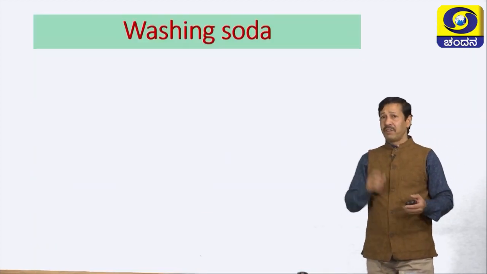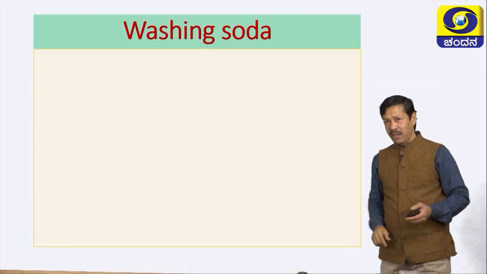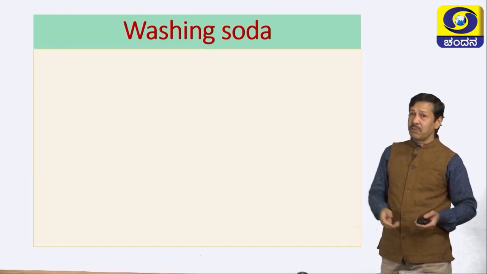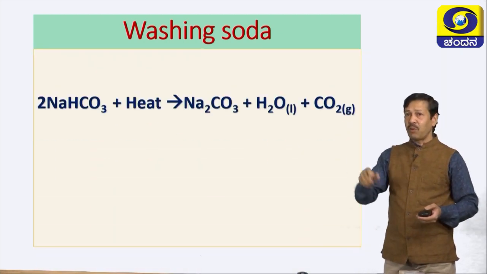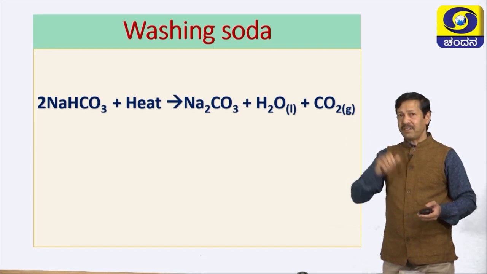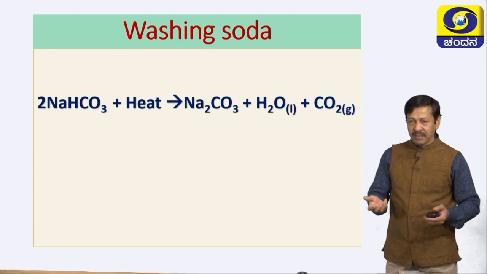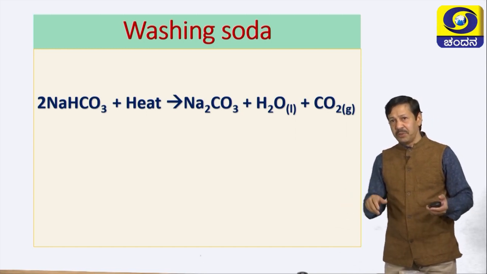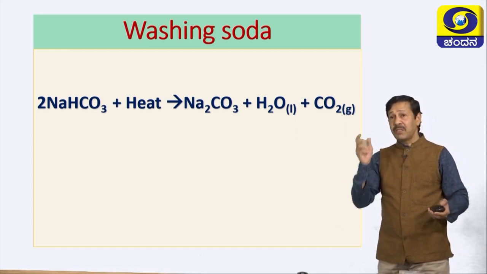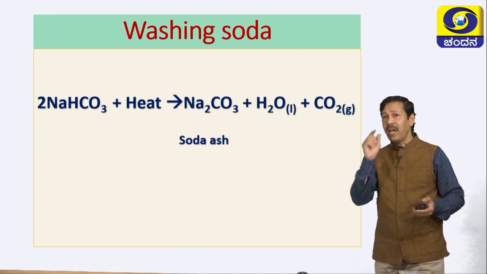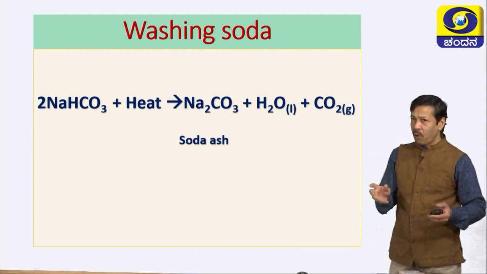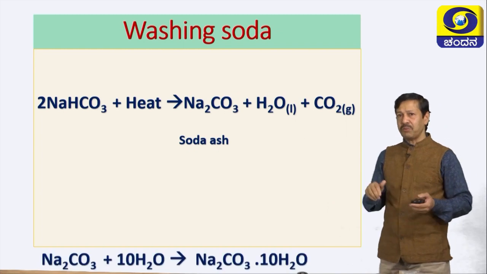Now let us move on to the next one, washing soda. Washing soda, Na2CO3·10H2O, or decahydrate. When baking soda is heated strongly, it decomposes to produce Na2CO3, which is popularly known as soda ash, plus H2O and carbon dioxide CO2.